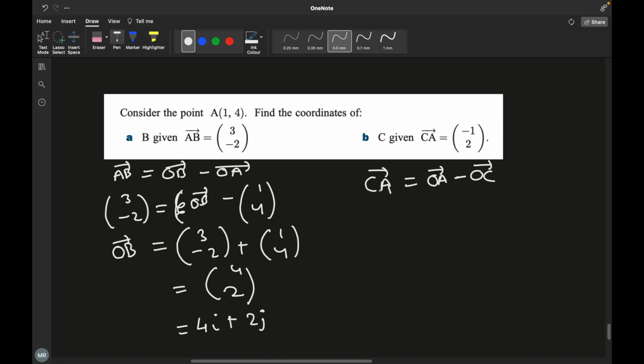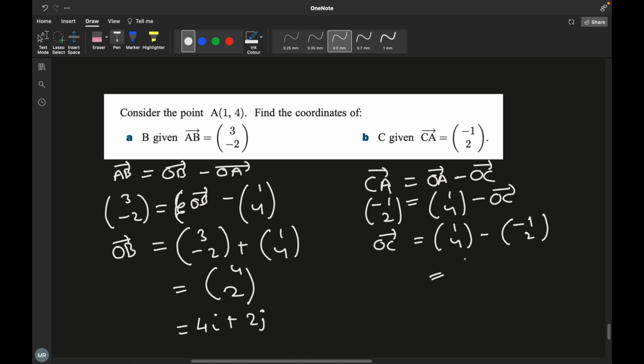It's that simple. So we have CA, which is (-1, 2), and then OA is (1, 4) minus OC, which we're trying to find. If we move this to the left hand side, we get (1, 4) minus (-1, 2). It's going to be (2, 2). It's as simple as that.